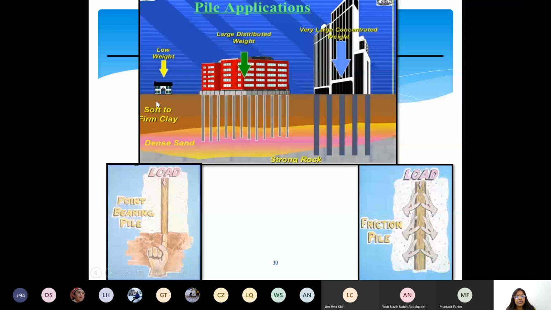Maybe a firm clay, and then followed by a dense sand, right? Loose soil, suddenly loose sand, or soft soil. Then you should provide a frictional type of pile. Here it reaches a rock surface itself, so you can put end-bearing piles. At the same time, you look at the type of load it is taking, concentrated heavy load here.